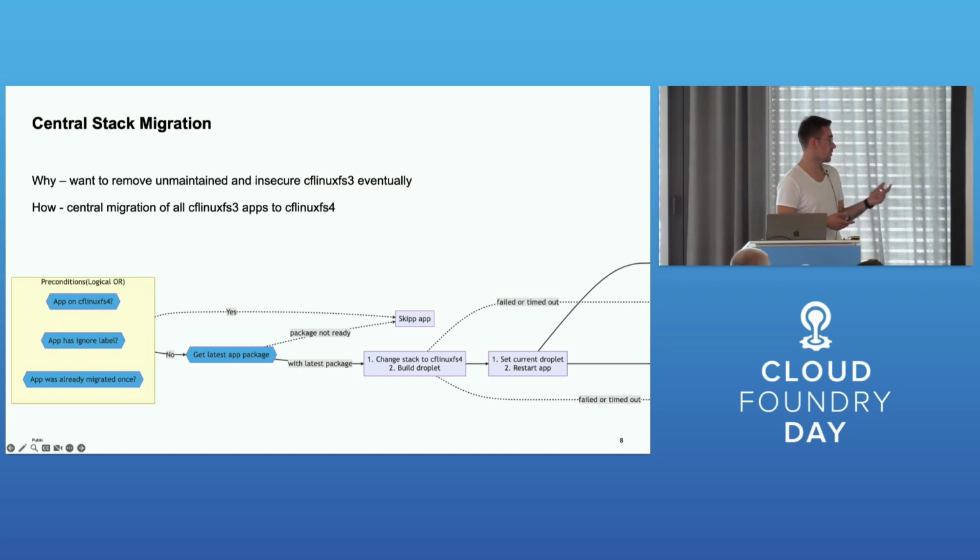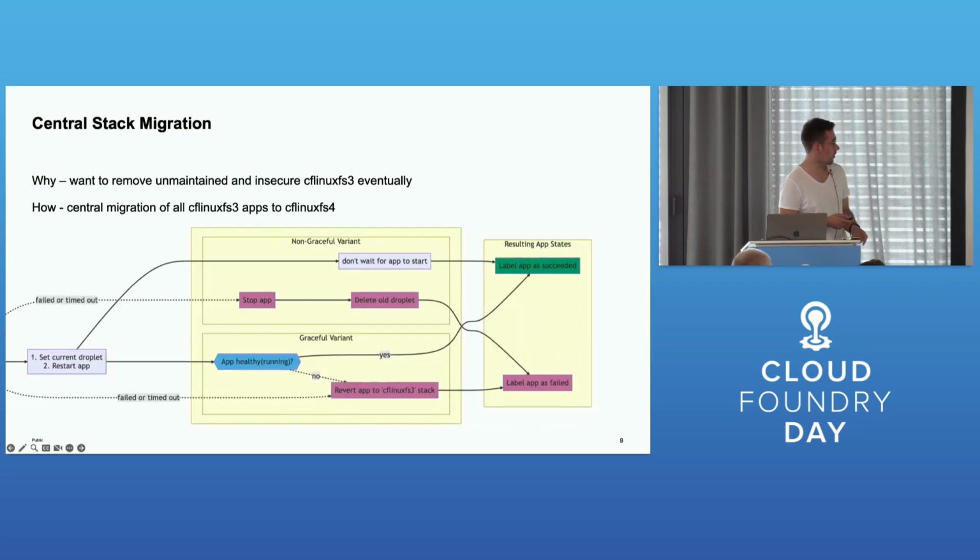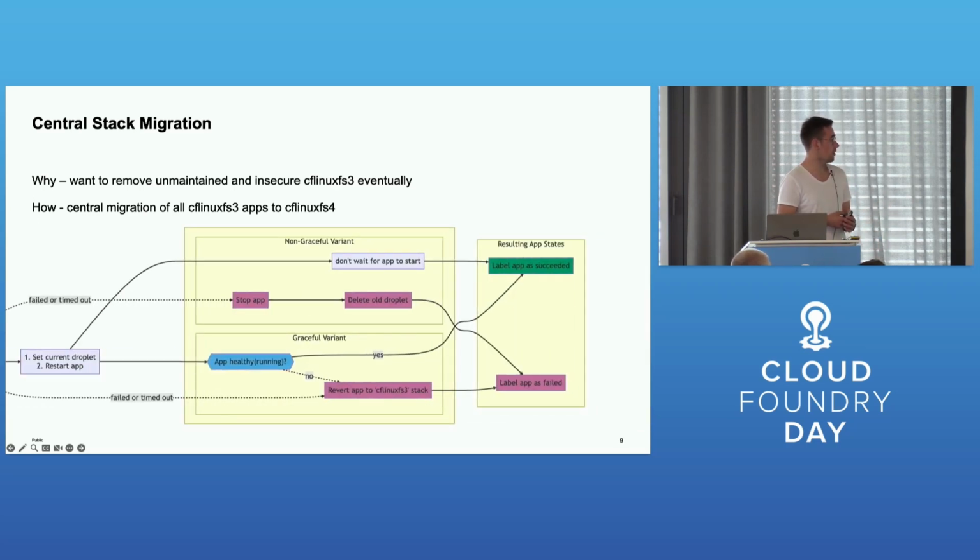And what we essentially do is then get the latest app package, change the stack of the app, then we build the droplet and essentially restart the app. And then there are 2 different ways we thought of, a non-graceful and a graceful variant.